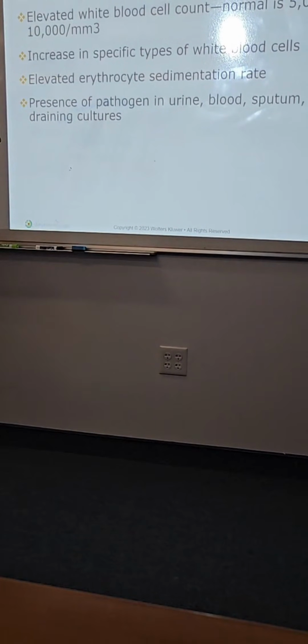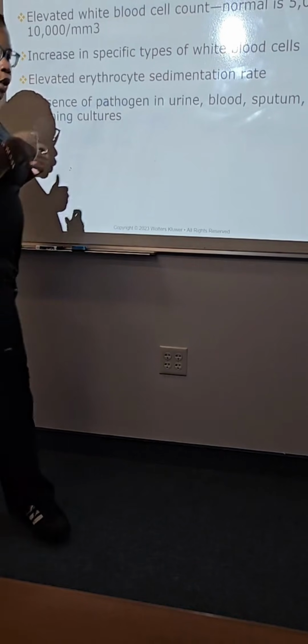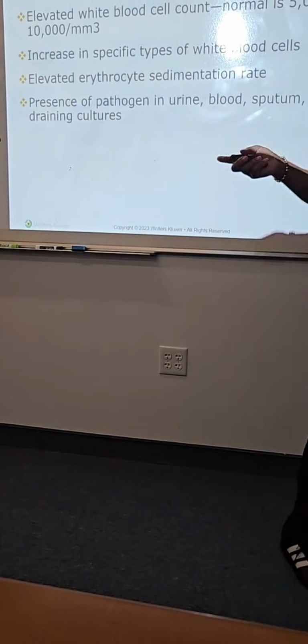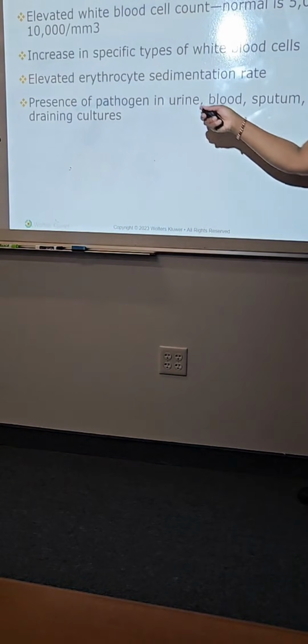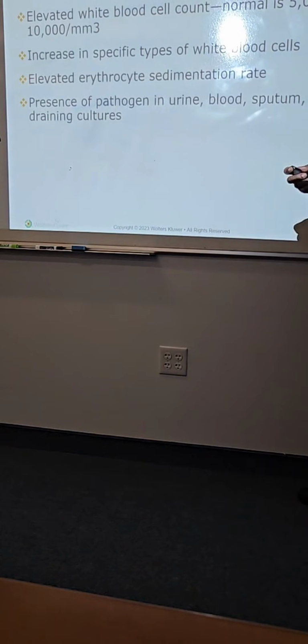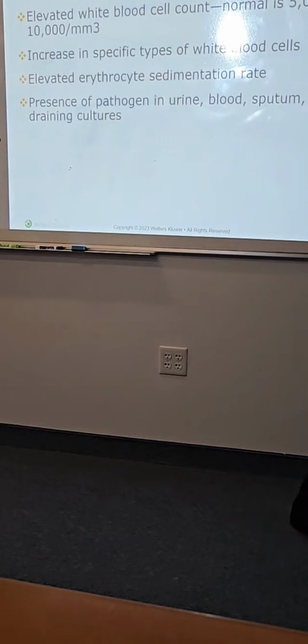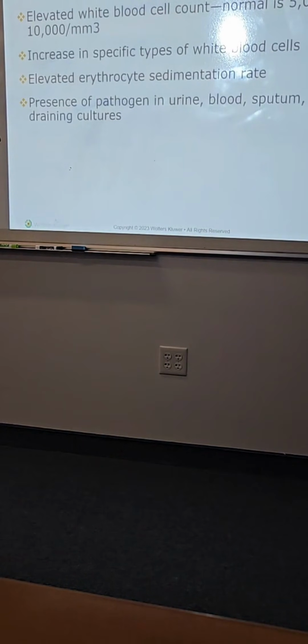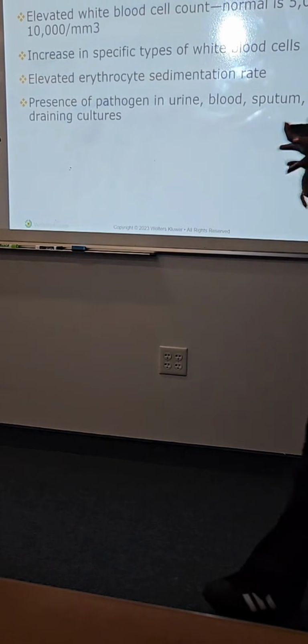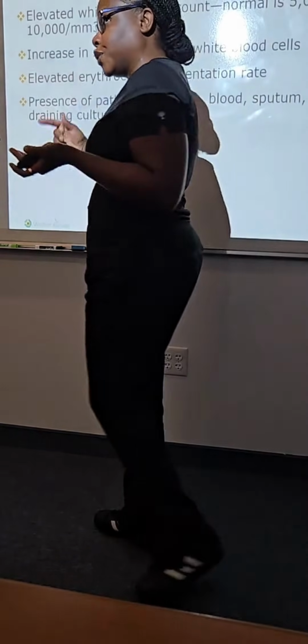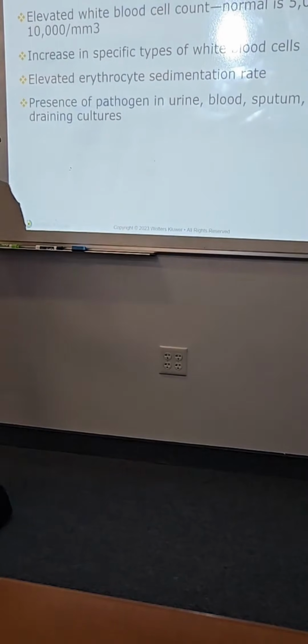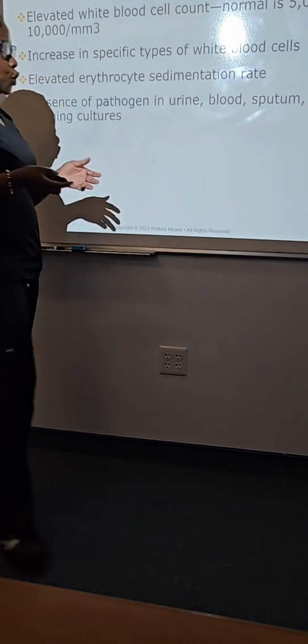If the urine is not clear and it's cloudy, you may want to collect a urine sample to see if there's any infection going on. You may do what's called a urine culture and sensitivity, or urine C&S, for short.